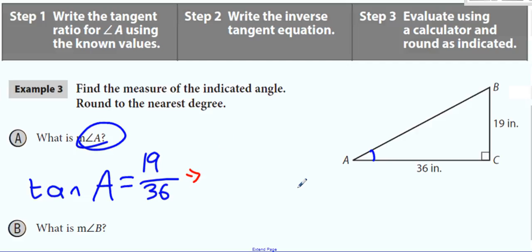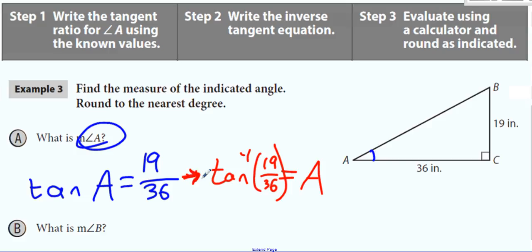The A goes to the other side, and that 19 over 36 moves next to the tangent, but you have to put that little inverse notation. You switch the A with the fraction. That's how you write it, and then that's how you type it into your calculator.